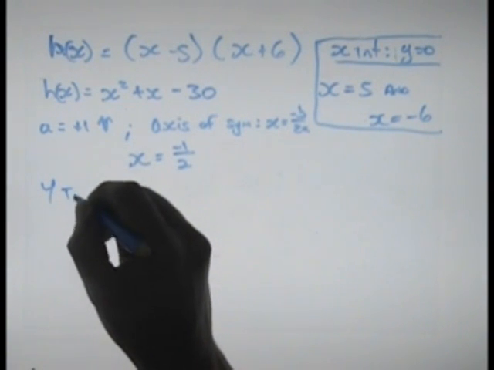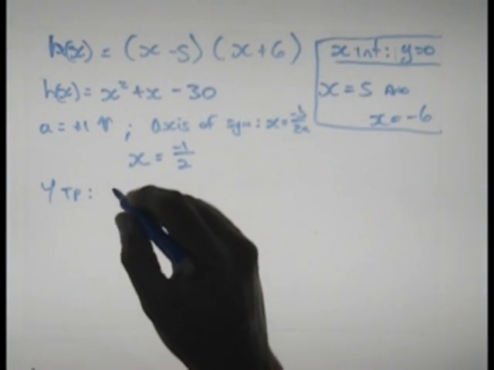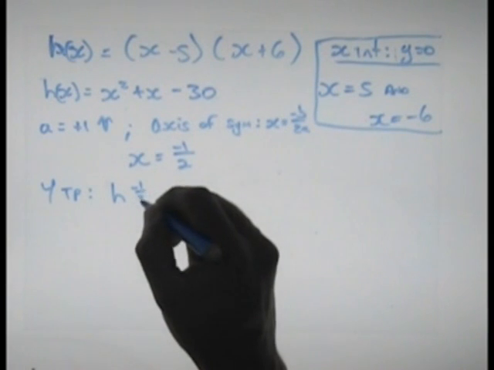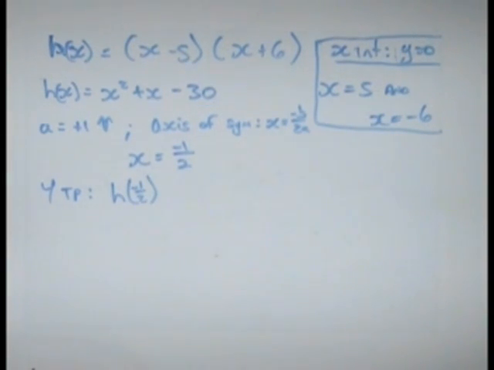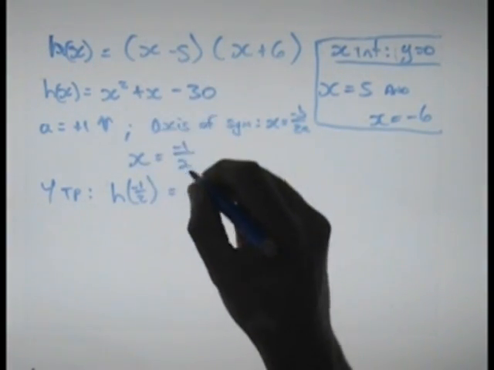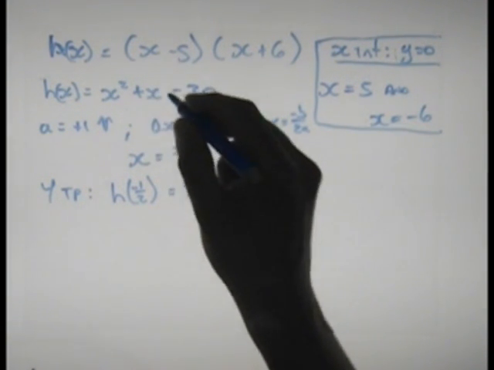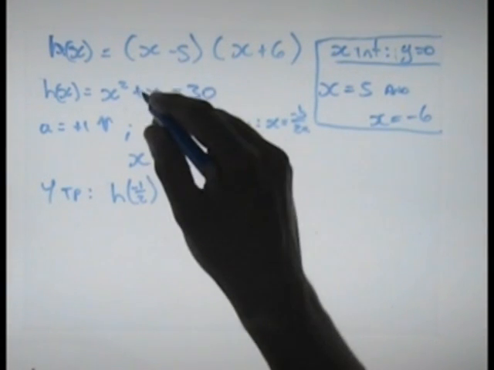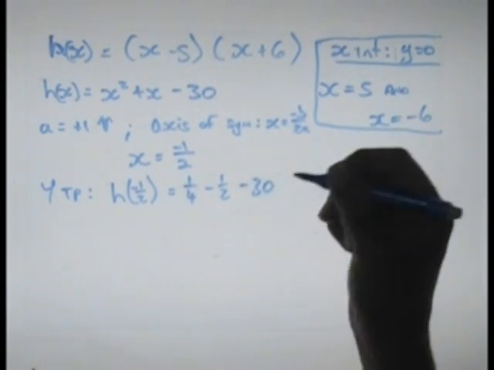That means that my y coordinate of my turning point will be h of negative 1 over 2. Negative 1 over 2 squared will give me positive 1 over 4 minus 1 over 2 minus 30.